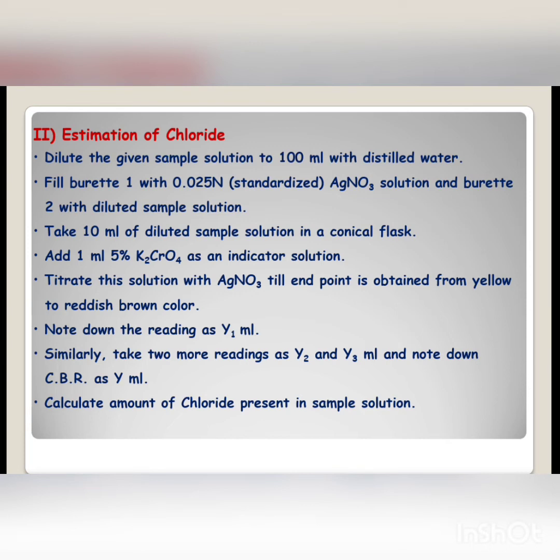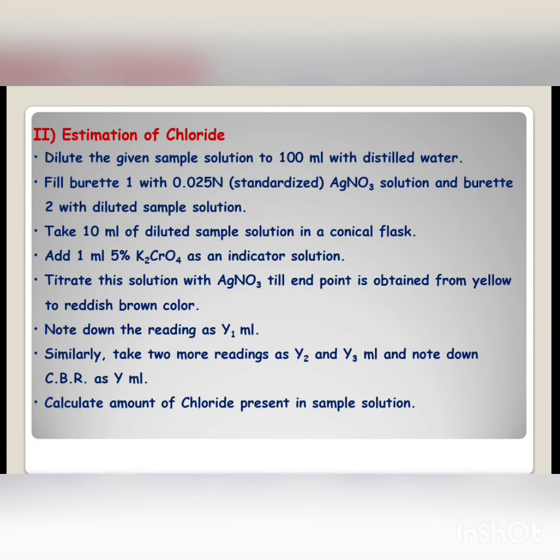Now the next part of the experiment is estimation of chloride. During estimation of chloride we are going to follow the same procedure as the standardization, but instead of NaCl solution we are going to take the diluted water sample solution. Now let us see the procedure.